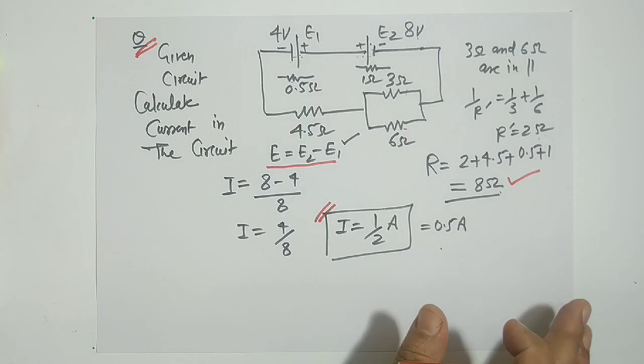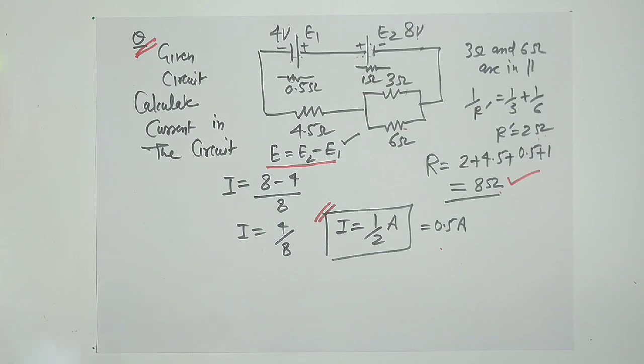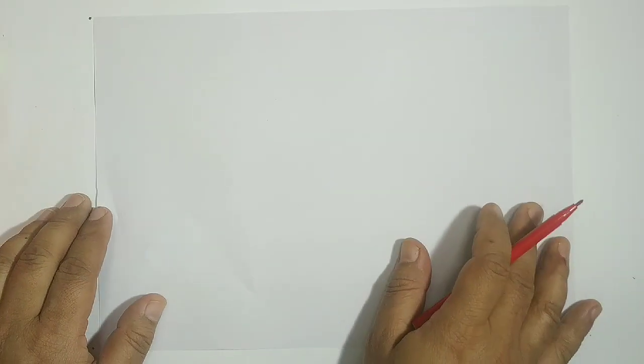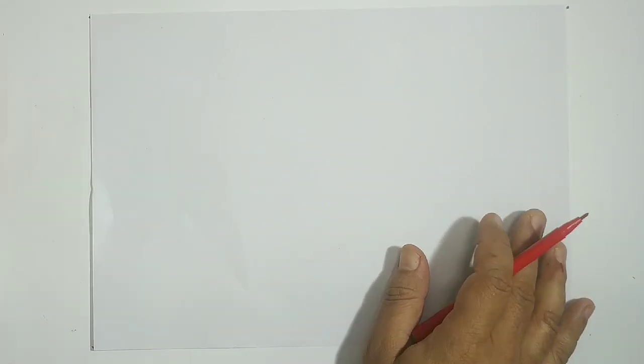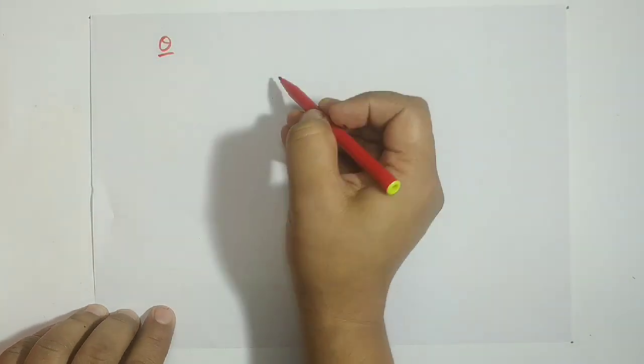Okay. So now I will discuss another very important thing. Internal resistance is over, cell series parallel is over. So we will discuss a very important thing. Say I am giving you a question right now.